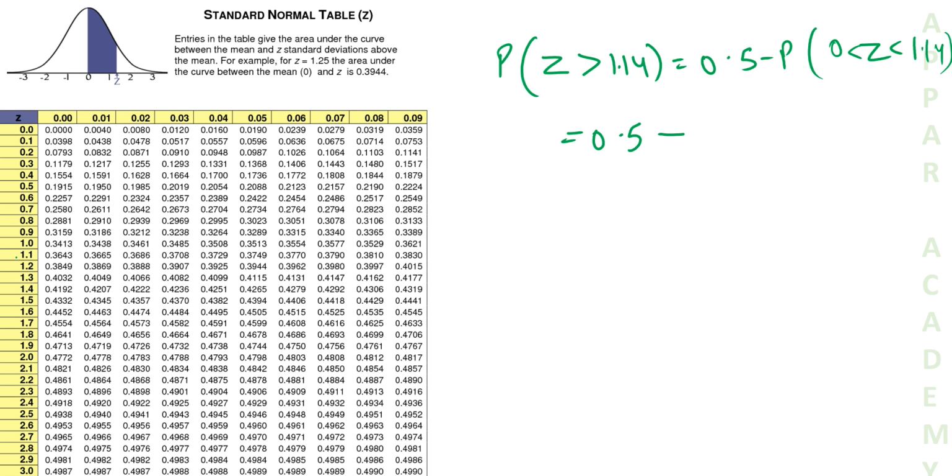So 1.1 is here, and 1.14 means 1.1 plus 0.04. So 0.04 is here. In short, we are subtracting this figure: 0.5 minus 0.3729, and this gives us 0.1271. Right? This was easy. Okay.